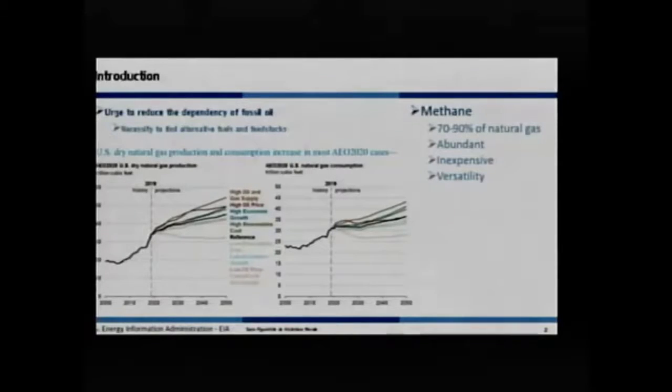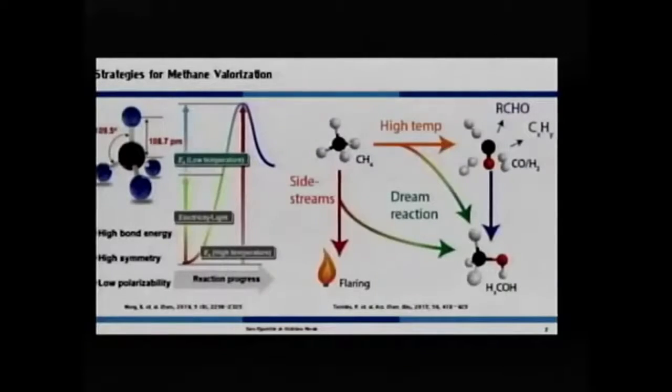In the graph, we can see that the projected production of natural gas will increase, and the consumption increases as well, but not by the same value. There will be more production of natural gas than consumption, and because of that, we have to find ways of valorization of methane.